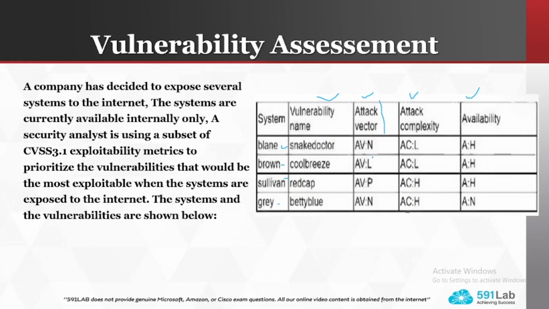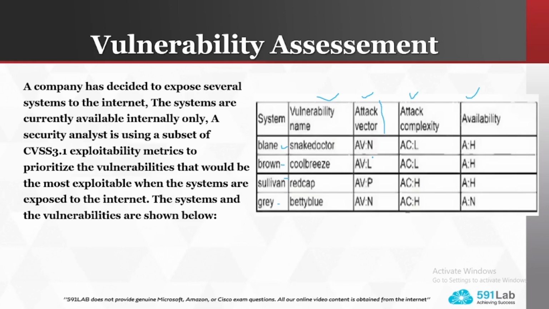So, giving priority based on exploitability, since both Gray and Plain have network access, they are most affected by remote exploitation compared to Brown's local access or Sullivan's physical access.